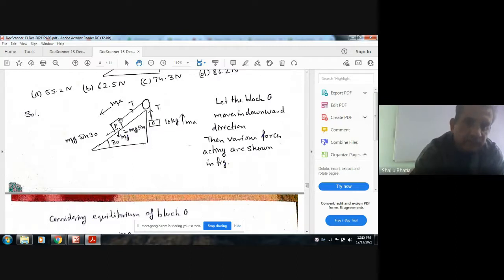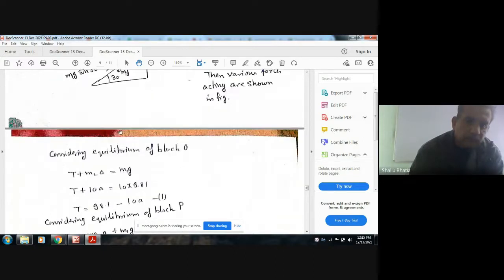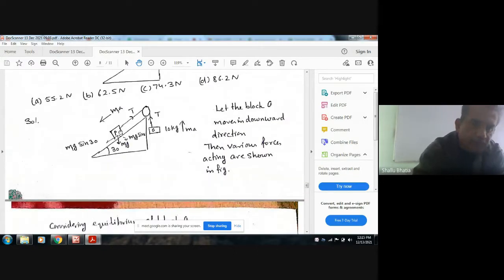Now considering the equilibrium of block P, resolving the weight of block P into two components and resolving along the incline.